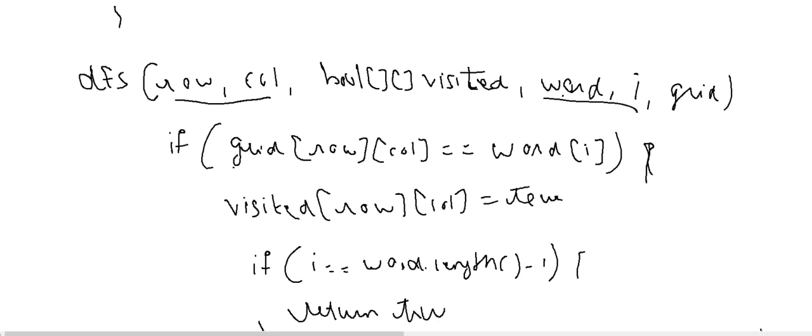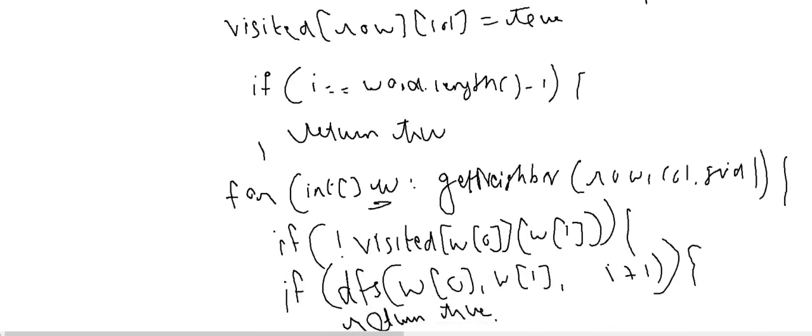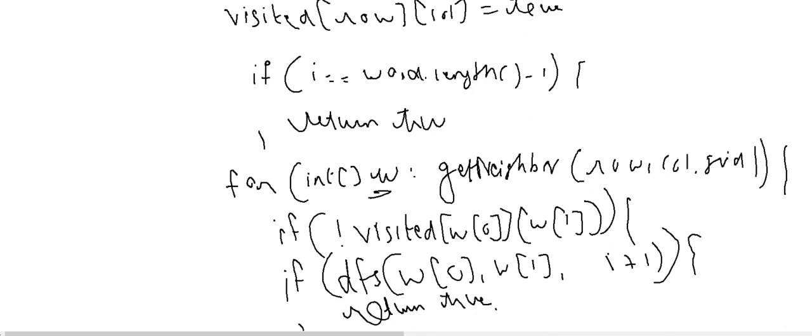So what will we return? We'll return false, right? But let's say that the character is matching, right? Then we mark that cell as visited. But when we do the DFS down the line, the other characters from the word are not matching, and this DFS never returns true.